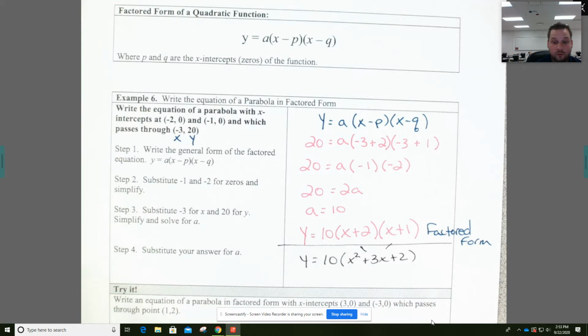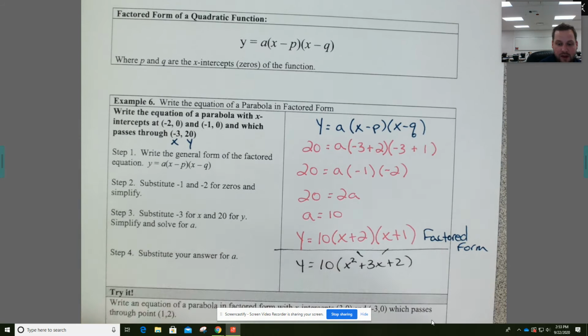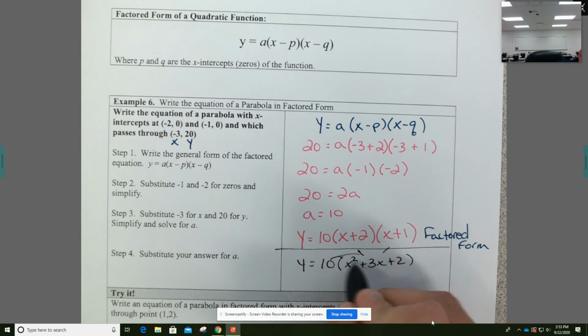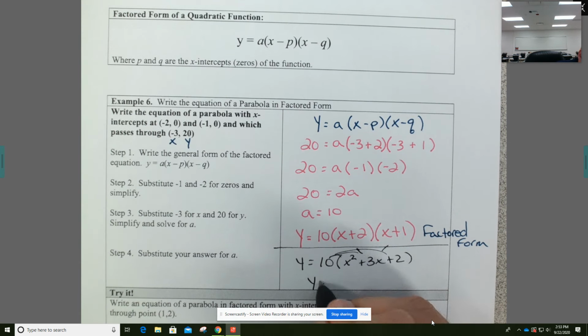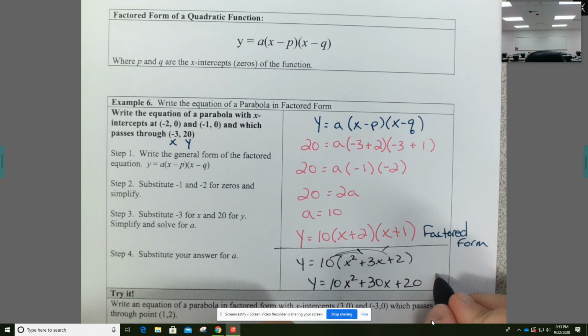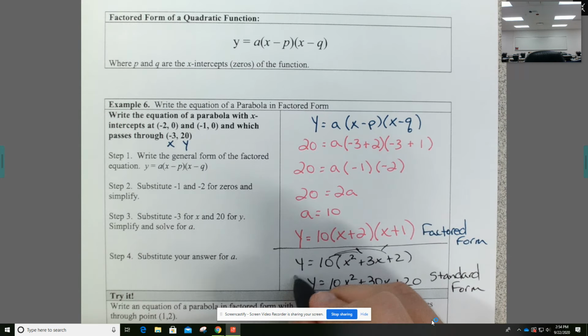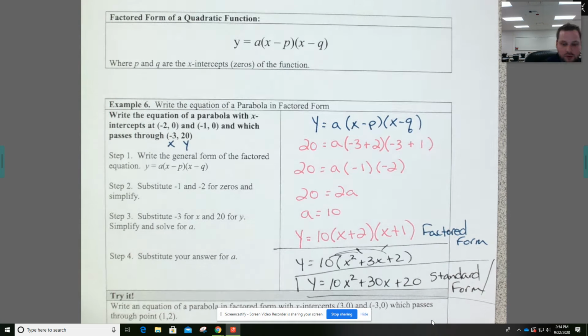Okay, I did that all in one step, but it's first, outer, inner, last. And then the last thing you would need to do is distribute the 10 in. So you end up with y equals 10x squared plus 30x plus 20. And that would be my standard form. So from there, we could find A, B, and C if we so choose.